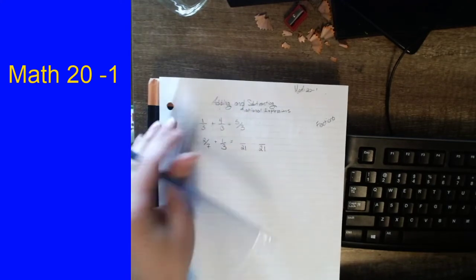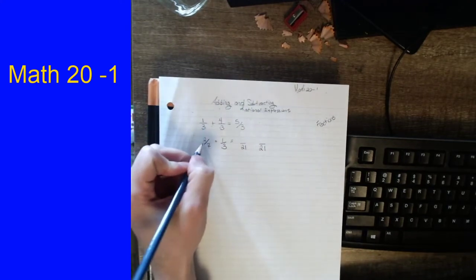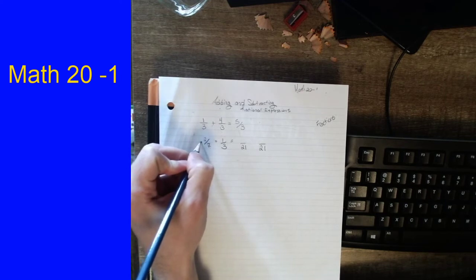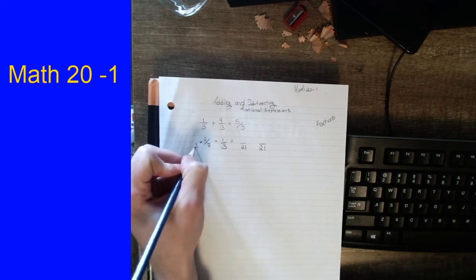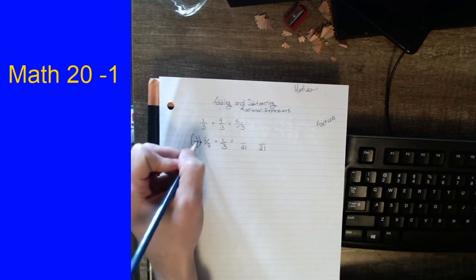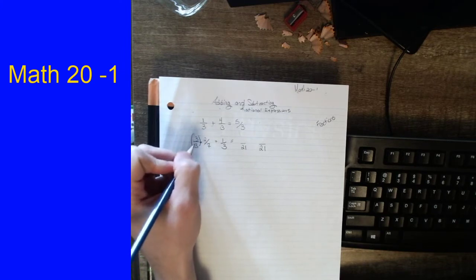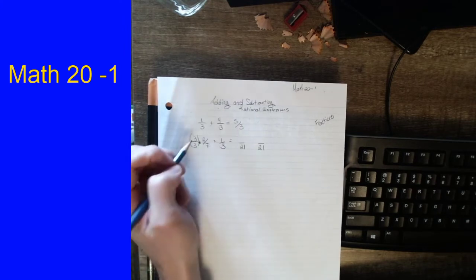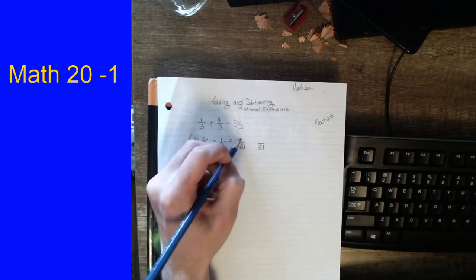What's really important to note is that we don't change the fraction whatsoever. In order to get 7 to be 21, we're multiplying the bottom by 3. And we also have to multiply the top by 3. So we're multiplying by 3/3. We're multiplying by this fancy form of 1. When you multiply things by 1, they don't change. So 3 times 2 is 6.